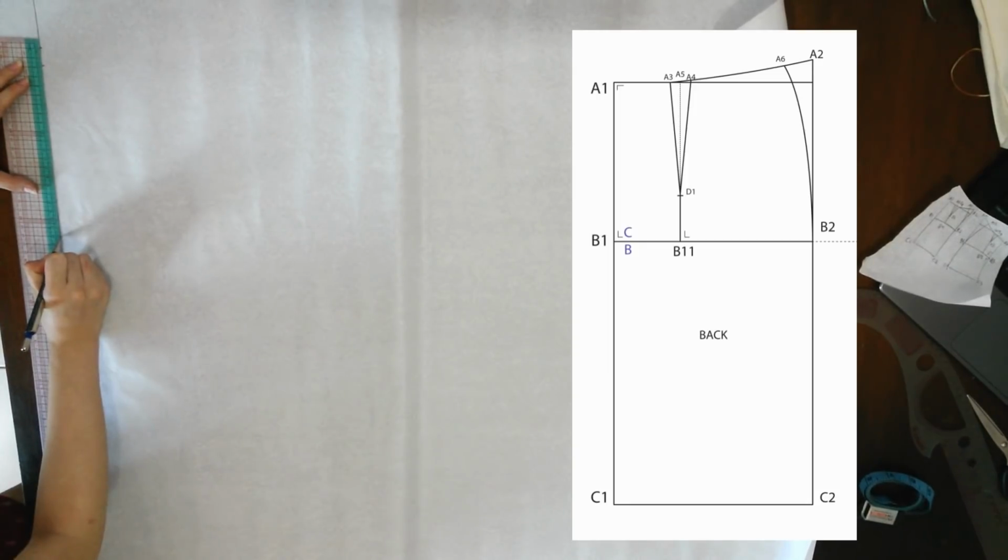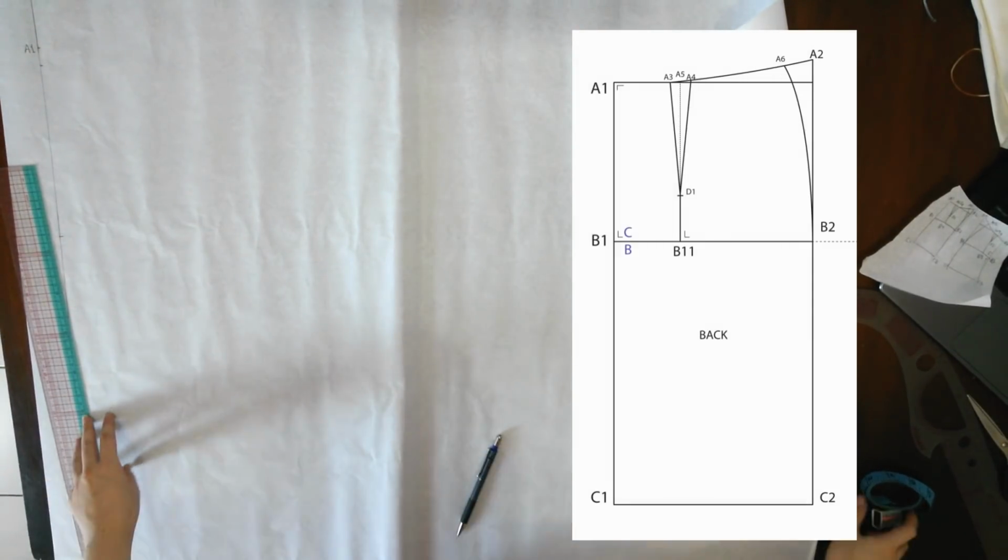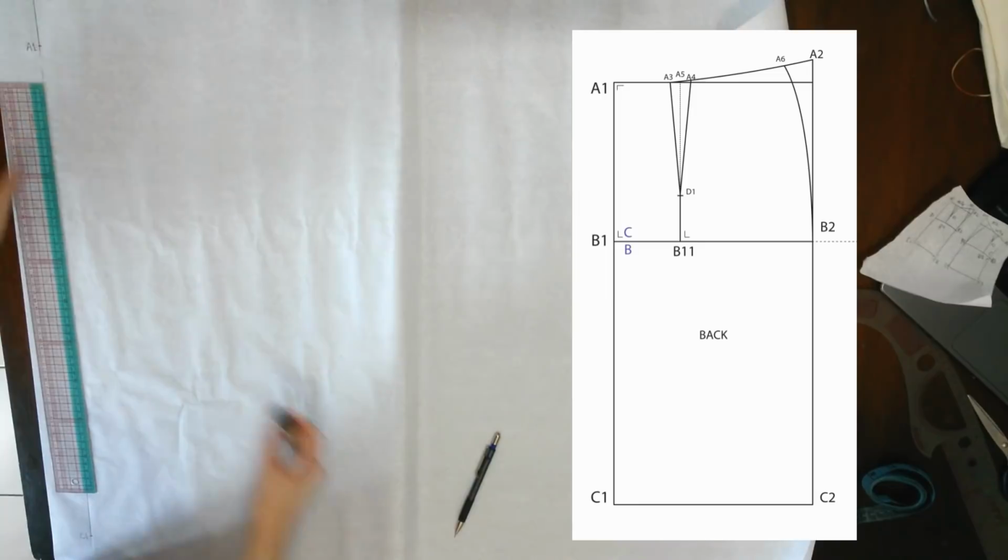Then I mark 21 cm down from A1 and mark it as B1.